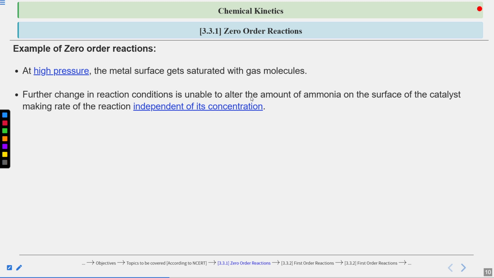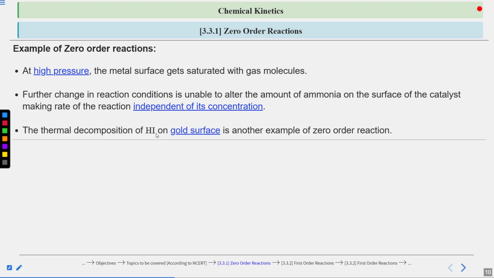And to clarify this point, if you change the reaction conditions further and think that the reaction will happen more rapidly or the rate of reaction will increase, this is not going to happen, because it is unable to change the amount of ammonia present on the surface of the catalyst for getting the product, which makes the rate of reaction independent of the concentration.